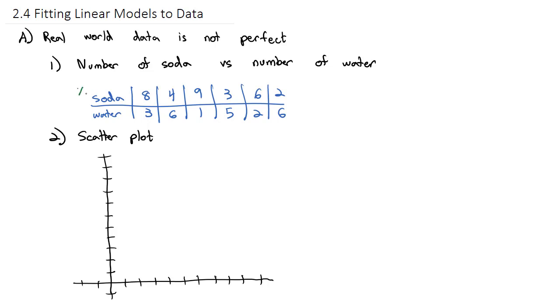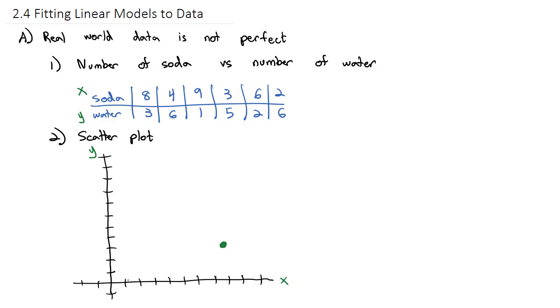So for the sodas, we're going to make those our x-axis or horizontal distance, and the waters, we're going to make that the y-axis or vertical distance. So I'll go over, my first person is 8, 3. I go over 8, up 3, and I'll put a dot to represent that first person.